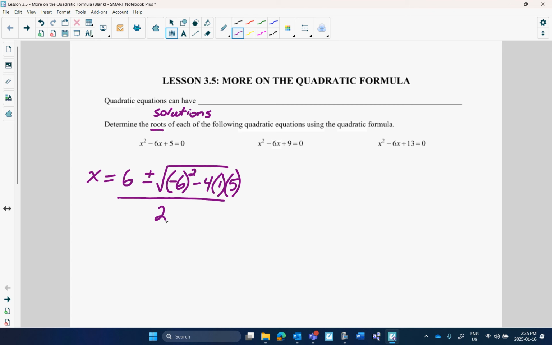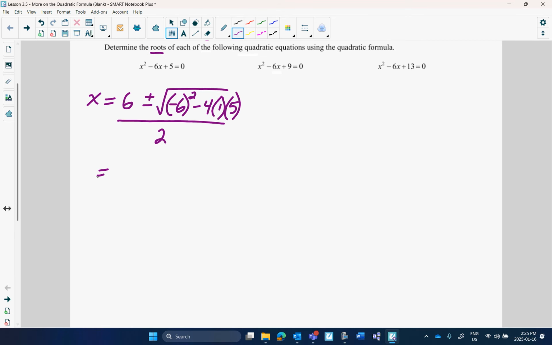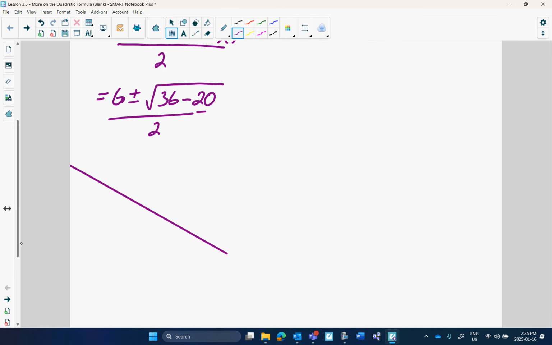Okay. So we just keep going. Plus or minus 36 minus 20. Keep going. 6 plus or minus root 16 over 2.